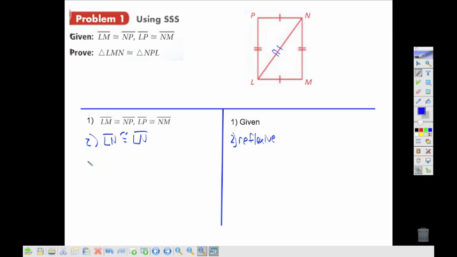Now, since that's in both of those triangles, we can now say that triangle LMN is congruent to our other triangle. Okay, so L corresponded to N in our other triangle. P corresponds with M, and then N corresponds with L. We did that by side, side, side.